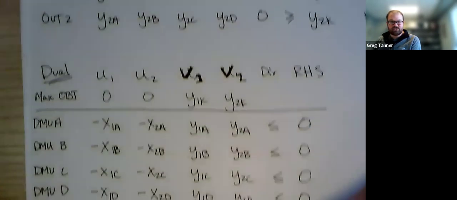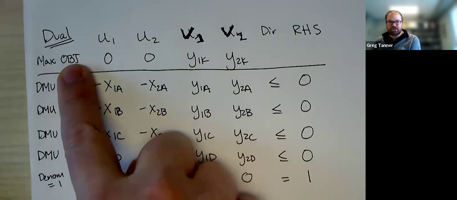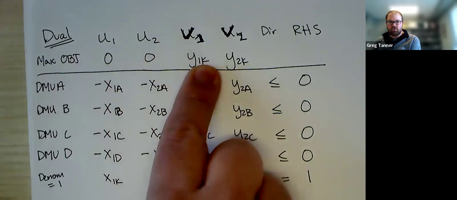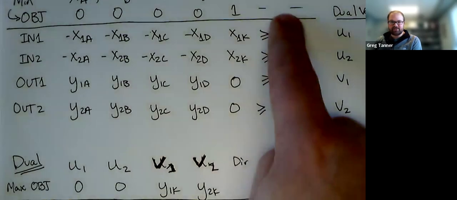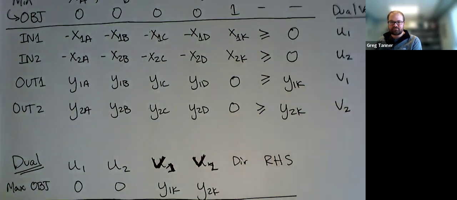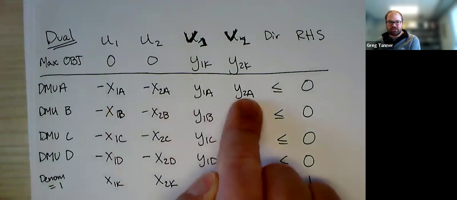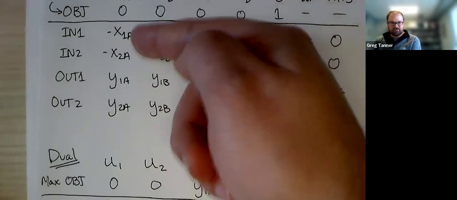So moving down to the dual formulation, we want to maximize our objective, which is going to be 0 u1, 0 u2, y1k, and y2k. And where did those numbers come from? They came from the right-hand sides here. Okay. And then we get one constraint for each DMU, and those each come from the columns right here.